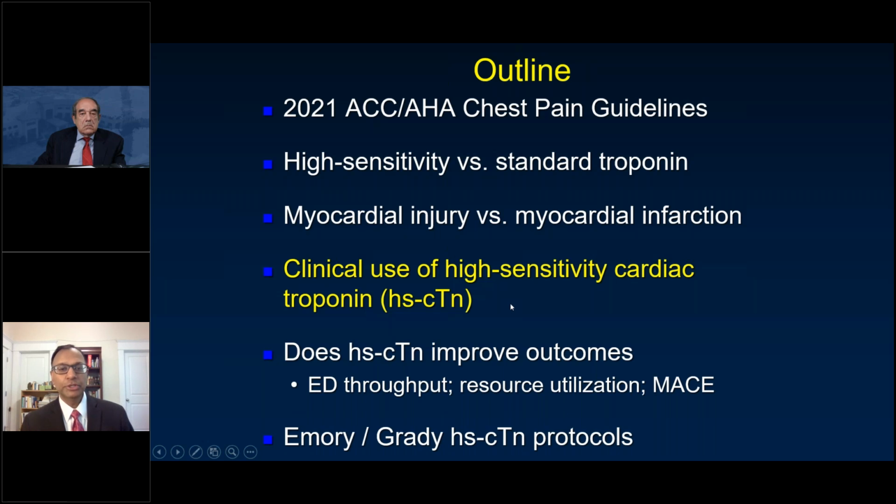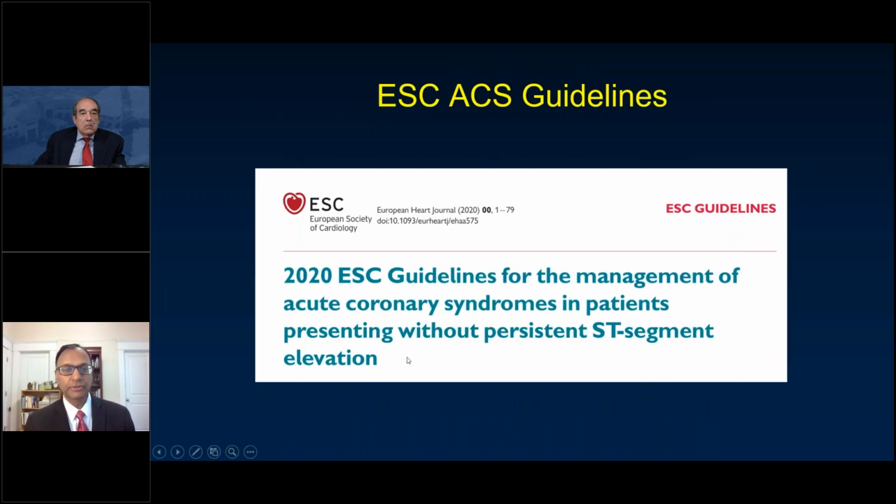Let's now shift over to the clinical use of high sensitivity troponin. For this, I'm going to heavily refer to the 2020 European Society of Cardiology guidelines for the management of acute coronary syndrome in patients presenting without persistent ST segment elevation. Before I do that, I do want to acknowledge that since then, the European Society of Cardiology has come out with a 2023 document for acute coronary syndrome that combines both STEMI and NSTEMI patients.